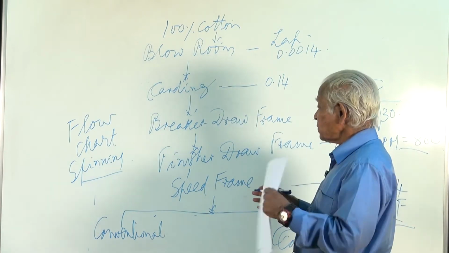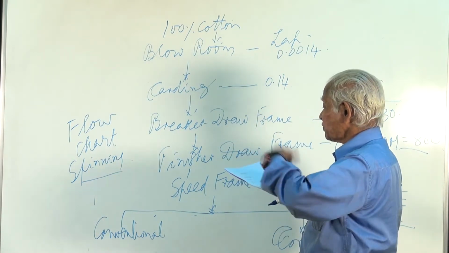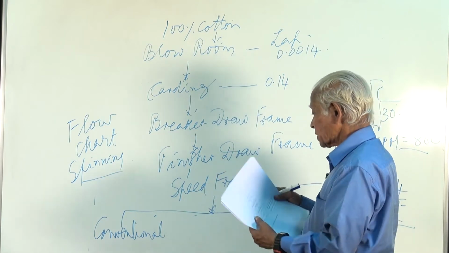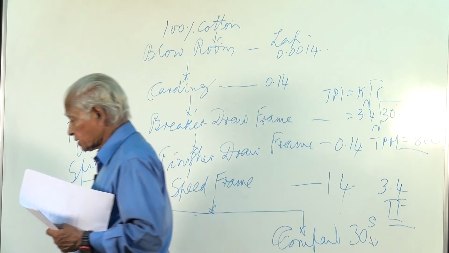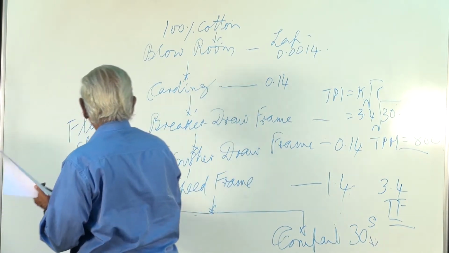If a coarser hank is maintained, then production is high, and if a finer hank is maintained, the production is lower.